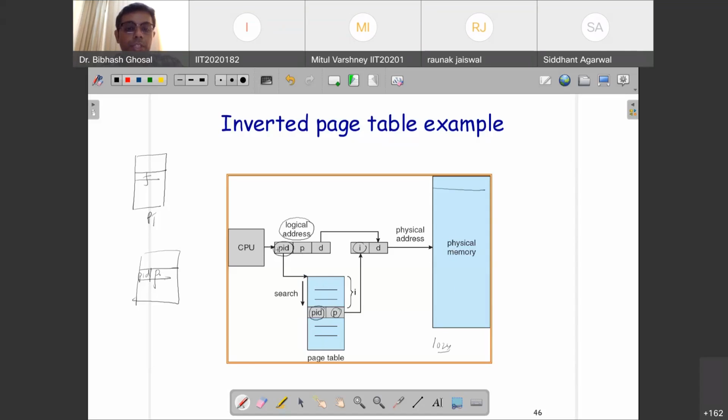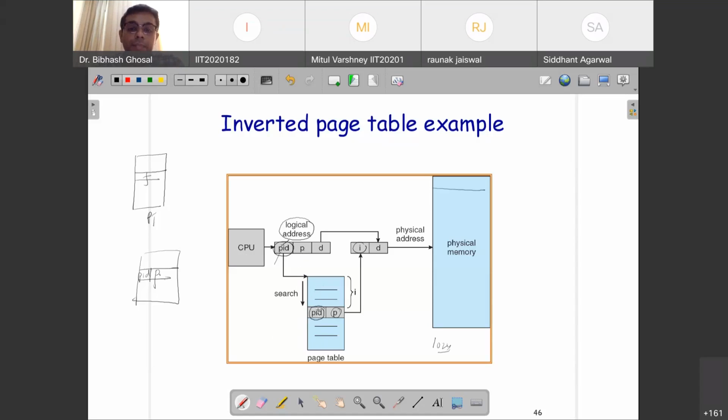When the CPU generates the address, the first thing I will do is compare the PID with all the PIDs of all entries of the page table. The entry which matches contains a page of this particular process. So I will first compare by matching the PIDs.